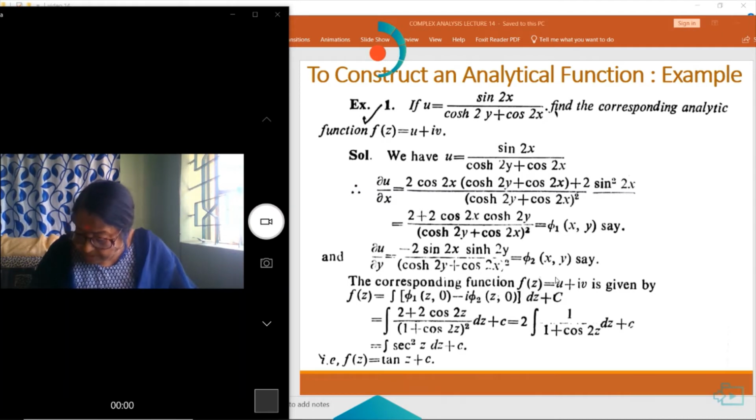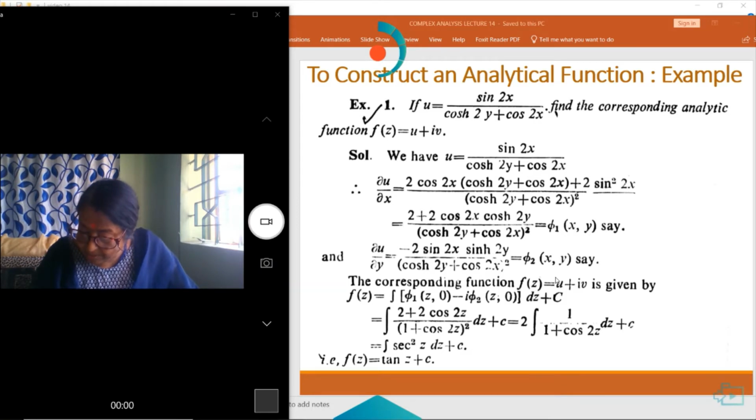The corresponding function f(z) = u + iv is given by f(z) = ∫ (phi 1(z, 0) - i phi 2(z, 0)) dz + c.